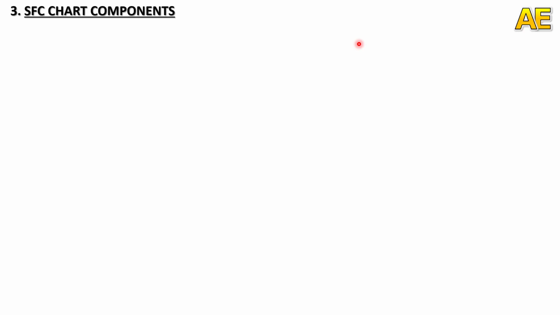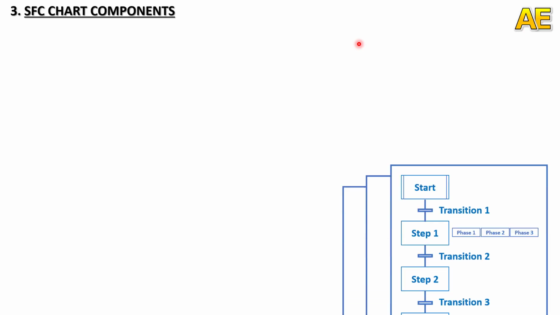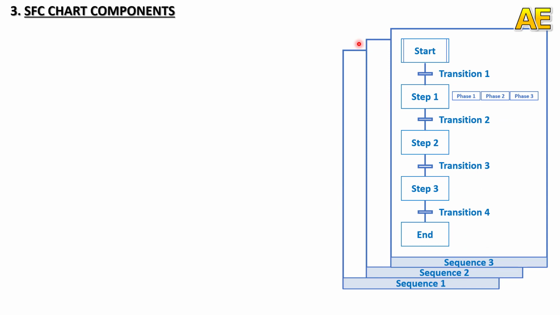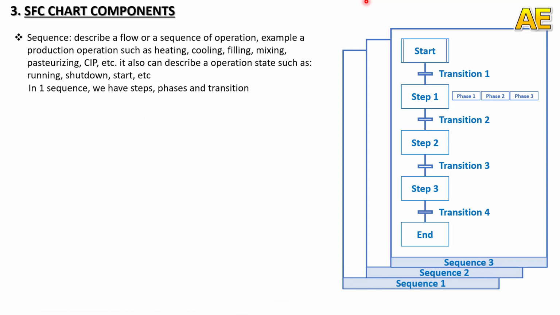Okay, next I will talk about the SFC chart components. This is the overview of the SFC chart components. First is the sequence. The sequence describes a flow or a sequence of the operation.